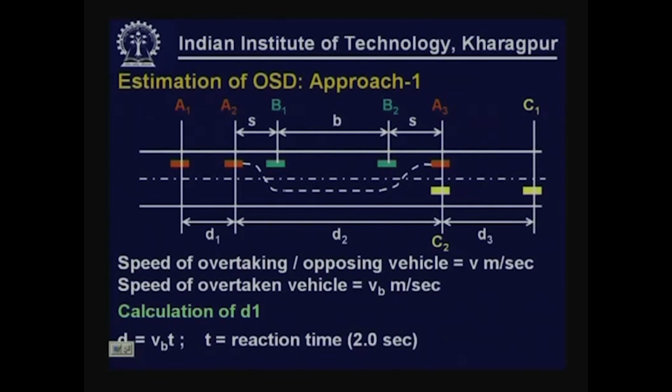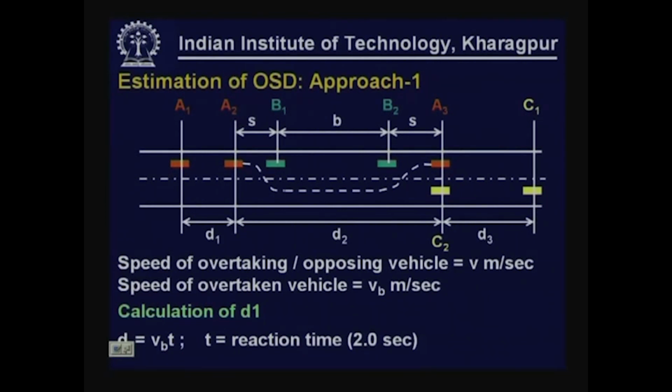It encroaches the lane which is supposed to be used by vehicles from the opposite direction, completes the overtaking operation and then comes back to its original lane. So, in the complete process, the vehicle changes its position from A2 to A3.